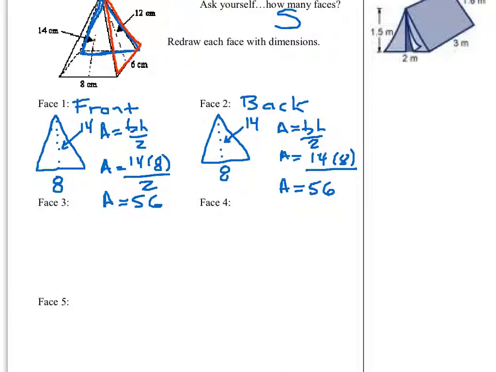So face 3 is going to be our left, and our face 4 will be our right. What are the dimensions of our triangle on the left? Anthony. The base is 6, the height is 12. Same thing on the right hand side.